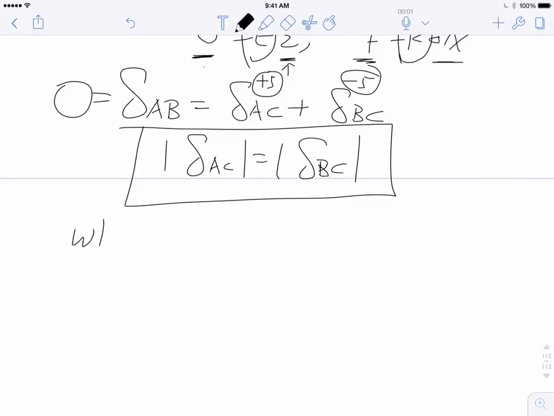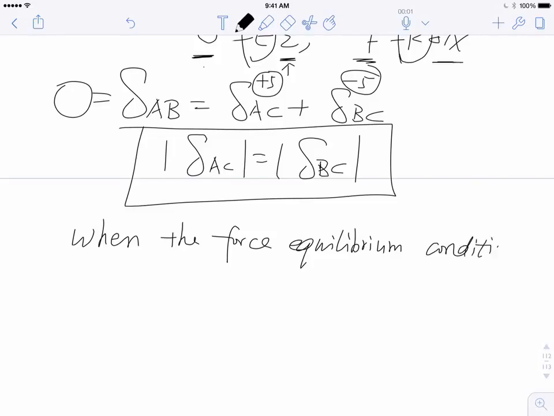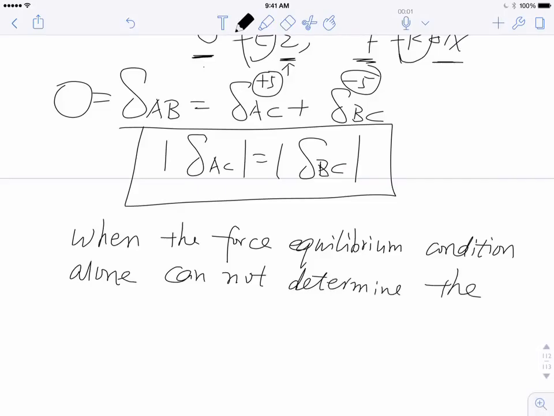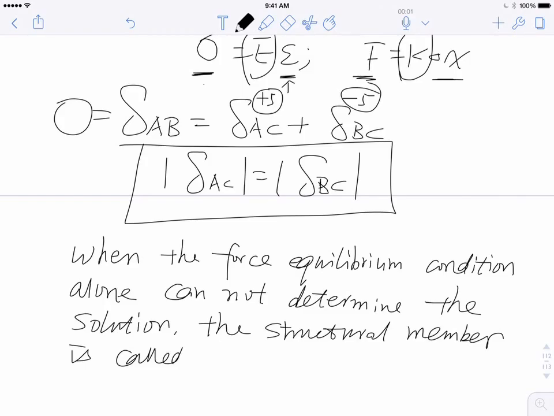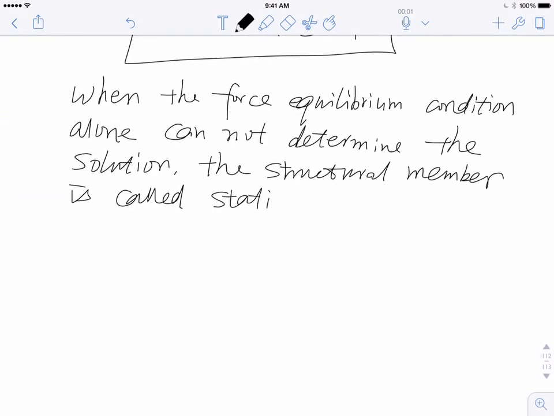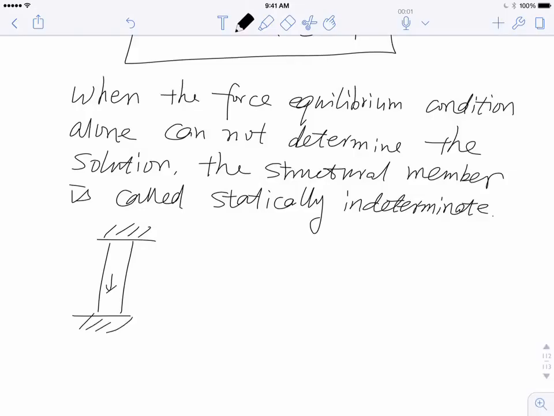That means, in words, when the force equilibrium condition alone cannot determine the solution, the structural member is called statically indeterminate. For example, just like the example I just showed you, there's a force applied in the center.